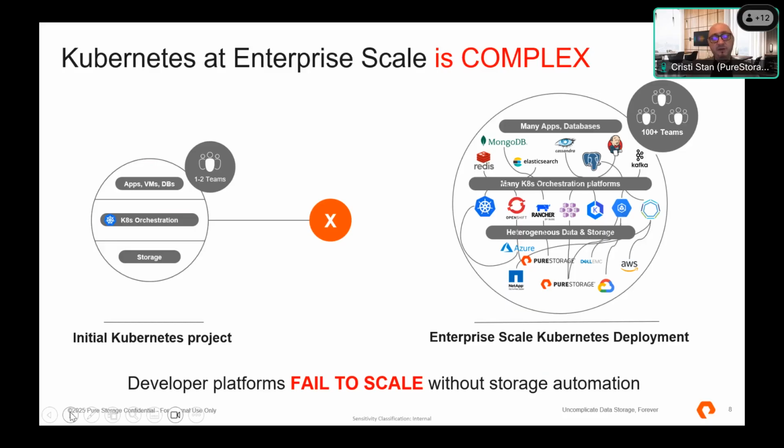And more than that, Kubernetes was designed to be agnostic. So the idea of Kubernetes was to be totally agnostic. Basically, I don't care about the hardware.